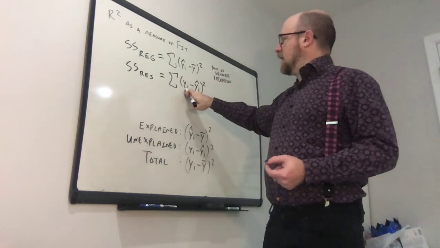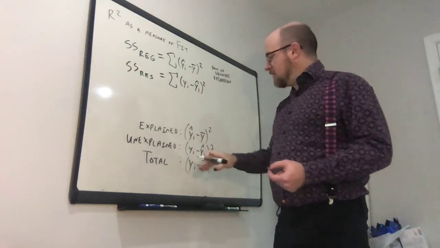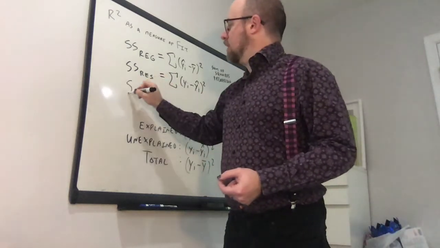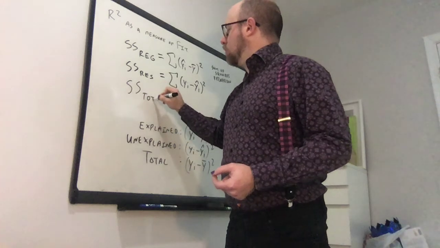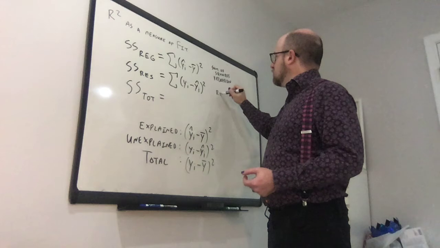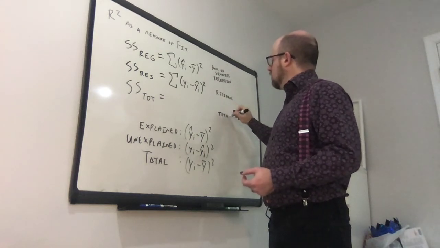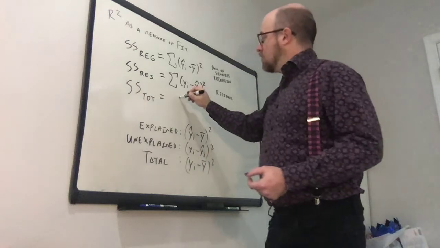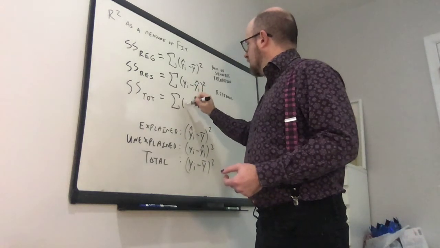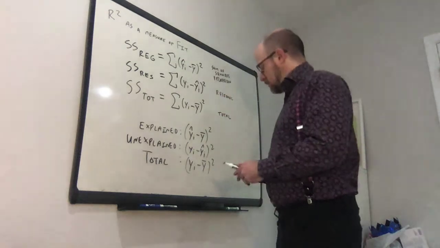So the actual value minus the predicted value. And then we've got the sum of squares total. Okay, so this is residual and total. And that's the sum of the entire yi minus y bar squared.